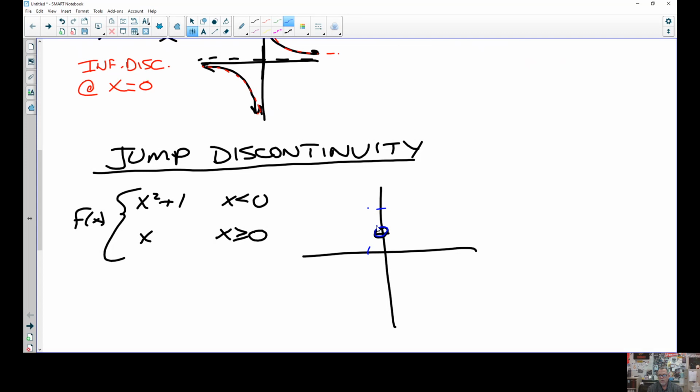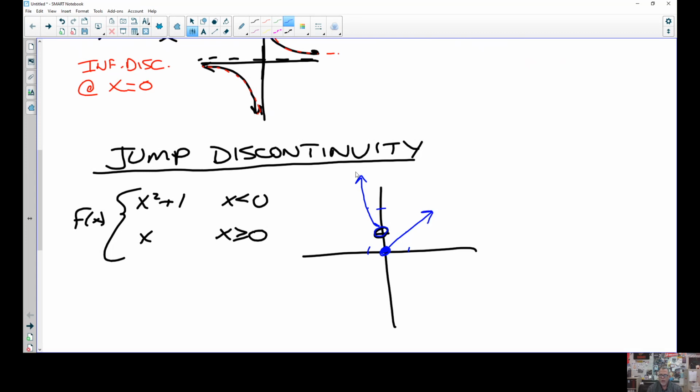So I'd have a point up here, and this has that curve like a parabola because it is half the parabola. As it approaches 0 from the left, it goes towards 1. Now, from the right, starting at 0, I plug in 0, I get 0. So I have a closed circle here, and then at 1, I'd have 1, and we'd have this graph going out this way.